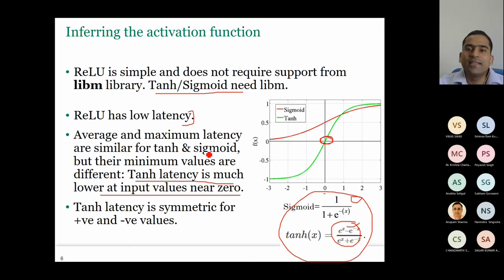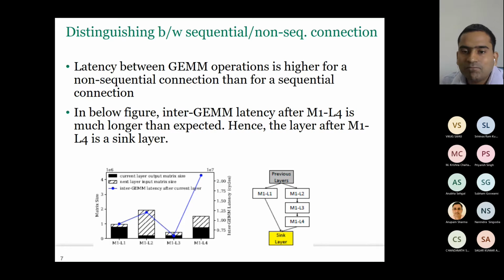And because tanh and sigmoid need the exponential function, they use the libm library. So if you can see whether the libm library is being called, then it is either tanh or sigmoid, otherwise it is the ReLU activation function. Okay, this may be difficult.